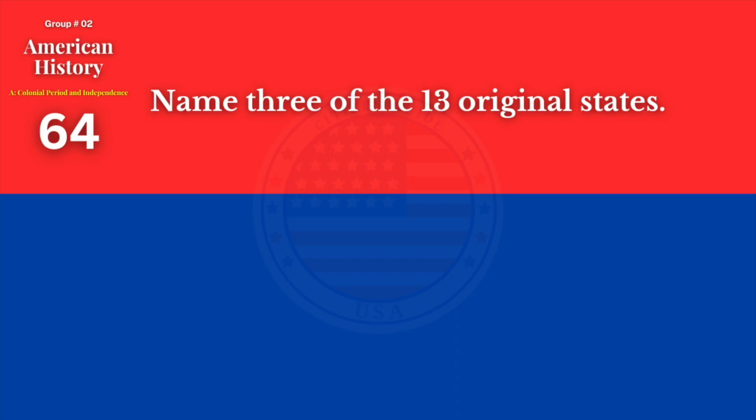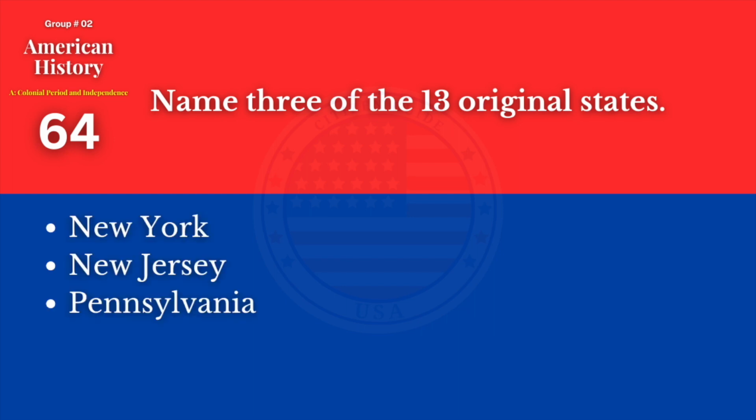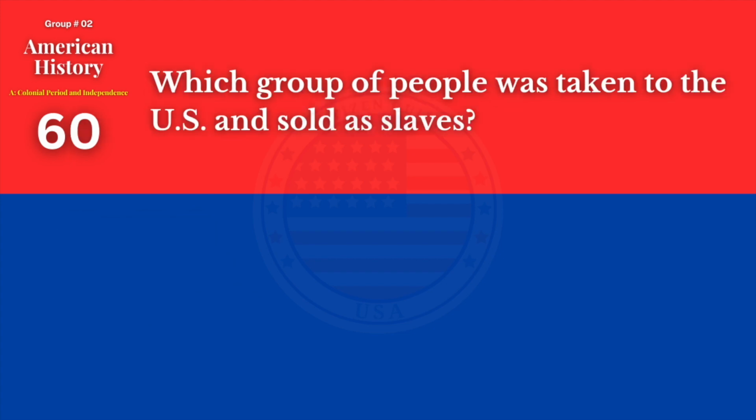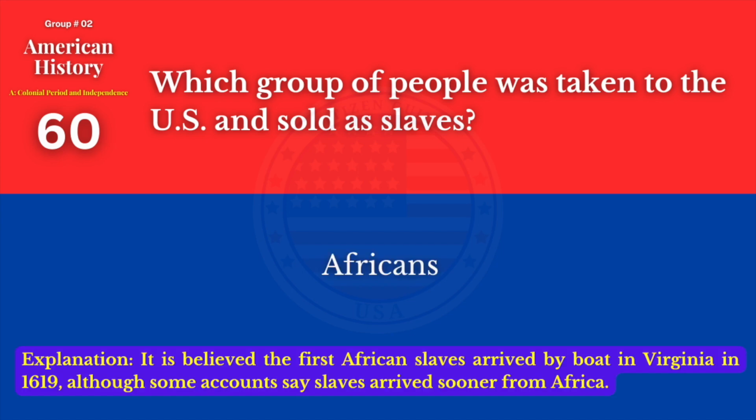Name 3 of the 13 original states. New York, New Jersey, Pennsylvania. Which group of people was taken to the U.S. and sold as slaves? Africans.